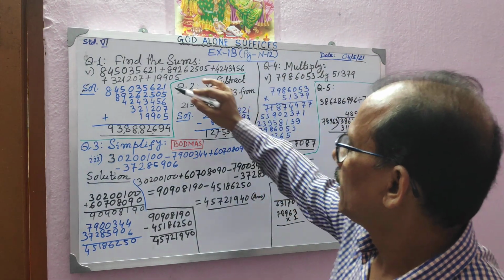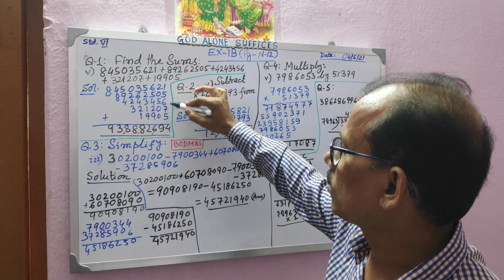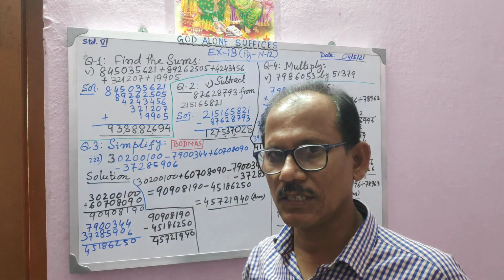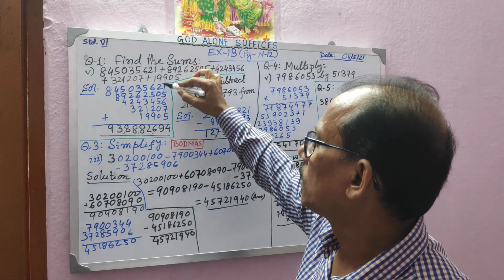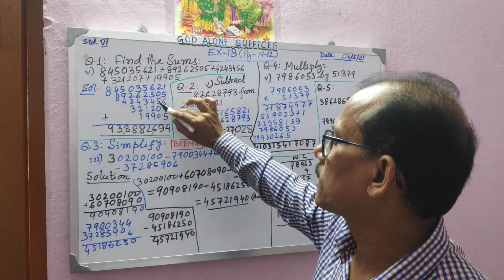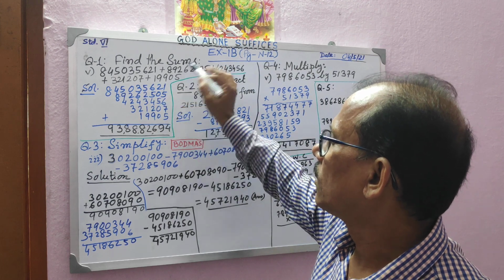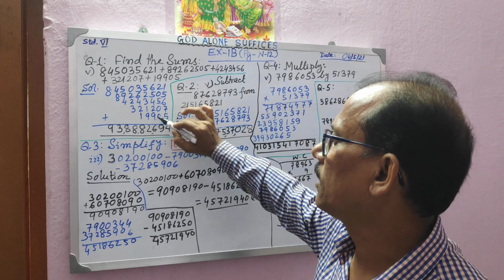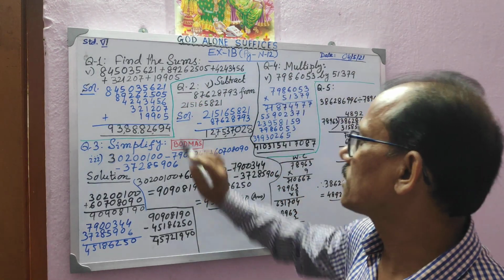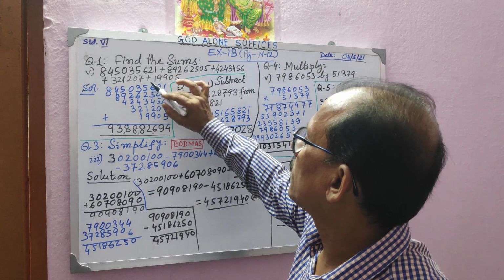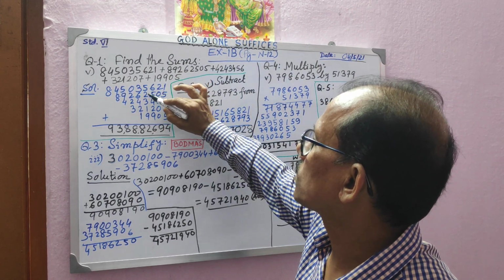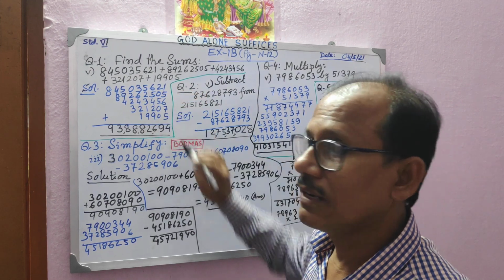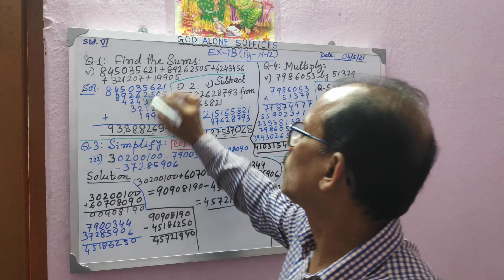Then you do it. See, 5 plus 1, 6 plus 6, 12, 12 plus 7 is 19, 19 plus 5 is 24, 2 carry over, 2 plus 2 is 4, 4 plus 5 is 9, 9, no carry over, 6 plus 4 is 10 plus 5 is 15 plus 2 is 17, 17 plus 9 is 26, again 2 carry over, then 5 plus 2 is 7 plus 2 is 9 plus 3 is 12 plus 1 is 13, 13 plus 9 is 22, again 2 carry over.